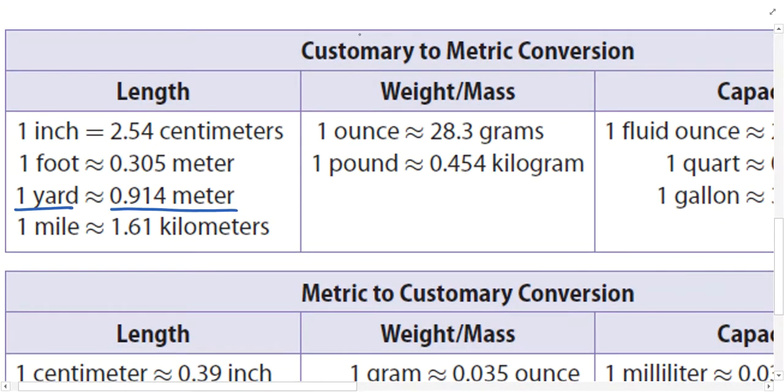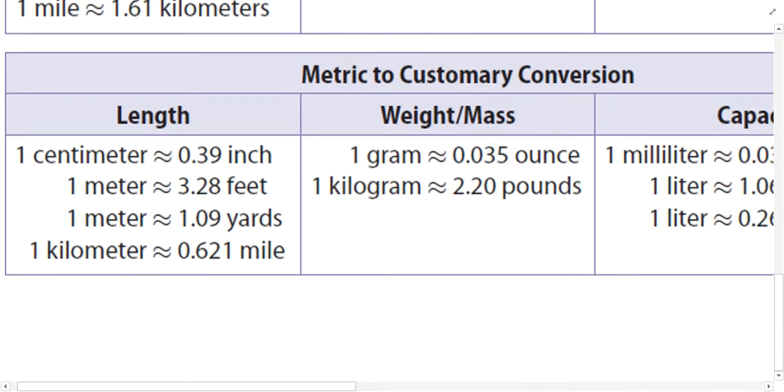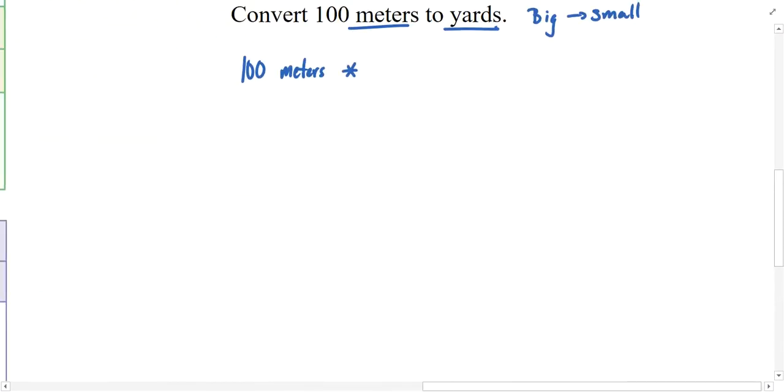So in this top chart, we have customary or standard units that are being converted into metric, but it's the bottom group that uses the metric values and converts them to standard. So this is the group that I want to be referencing here. Sorry about that. We're starting with a metric unit and we're converting to a standard unit.